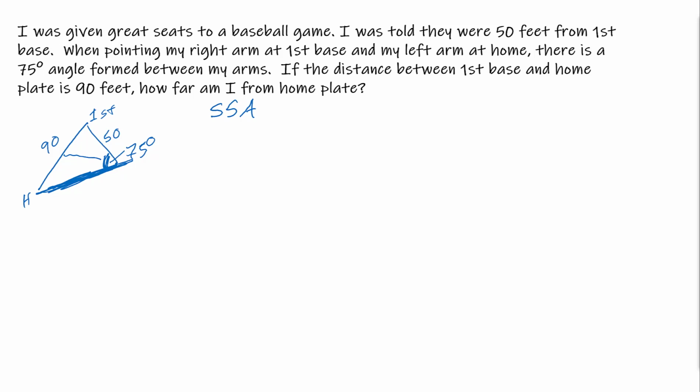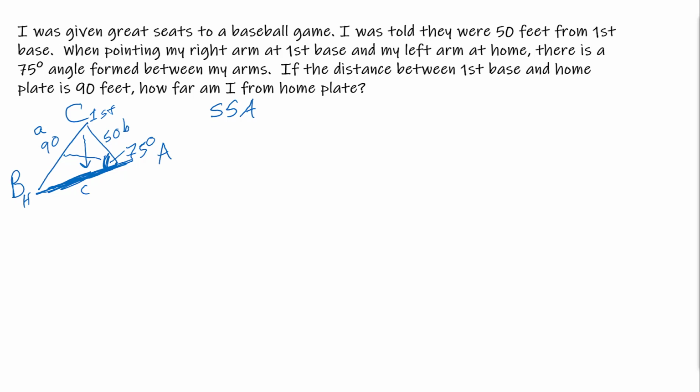Let's just call that A, this A, that B. So angle B will be at home plate, angle C will be at first base. And essentially, to use the law of sines, I need to figure out what angle C is, and that will let me figure out what side C is. So let's just start with what we've got.